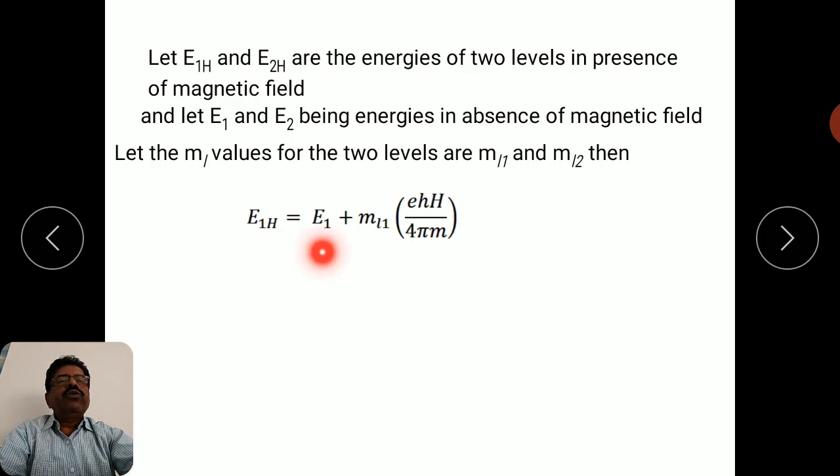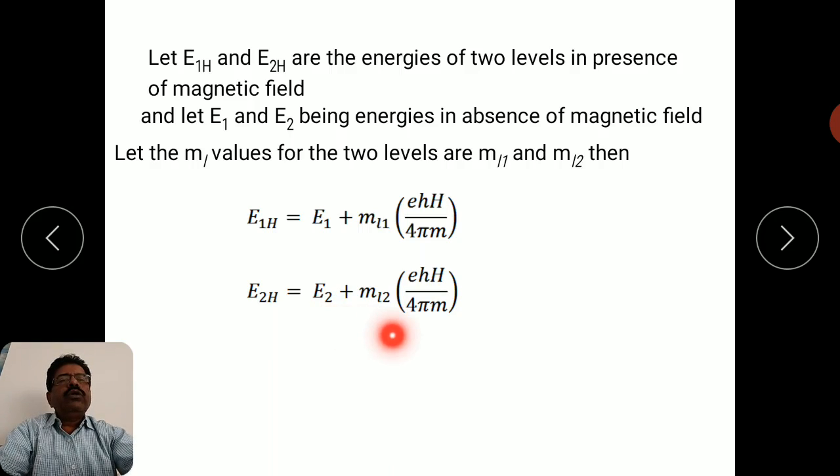So E1H is equal to E1 plus ml1 into eh upon 4 pi m. And similarly you can write E2H equal to E2, the energy in absence of magnetic field, plus, due to the magnetic field, the addition of energy we have just defined, that is ml2 into eh upon 4 pi m.